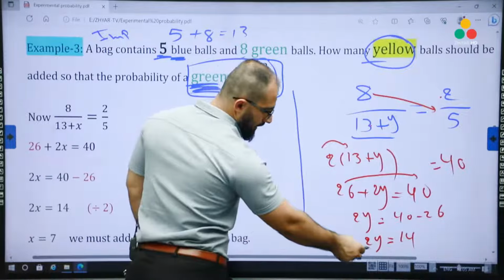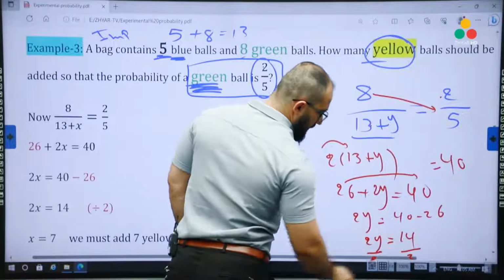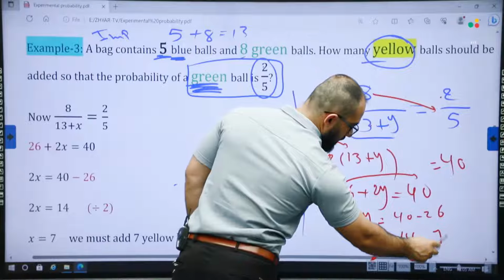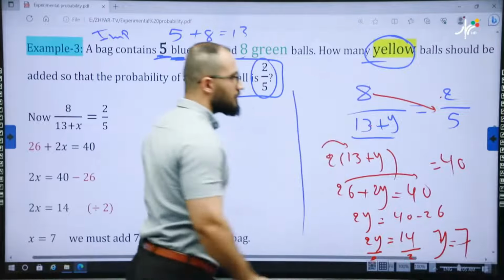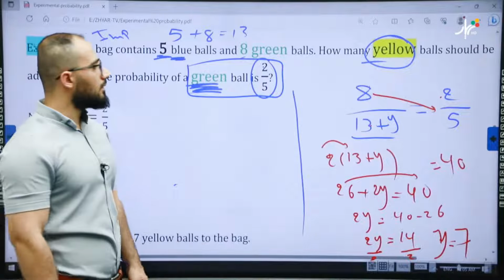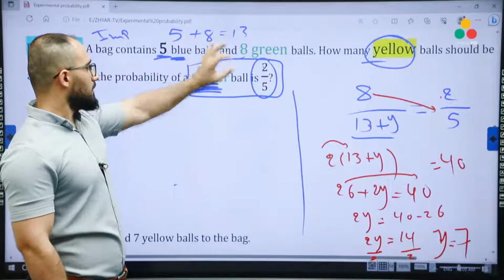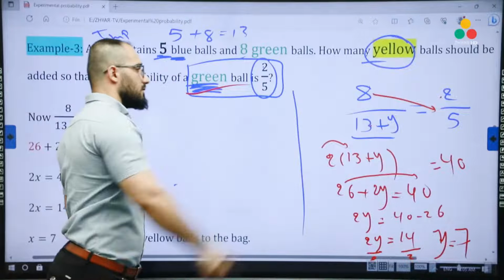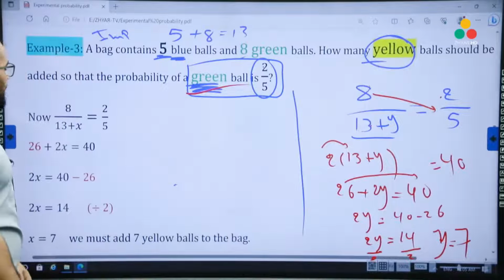Then divide both sides by 2. Then y is equal to 7. So we have to add 7 yellow balls to the total of the number here. Then the probability of green is going to be 2 over 5.